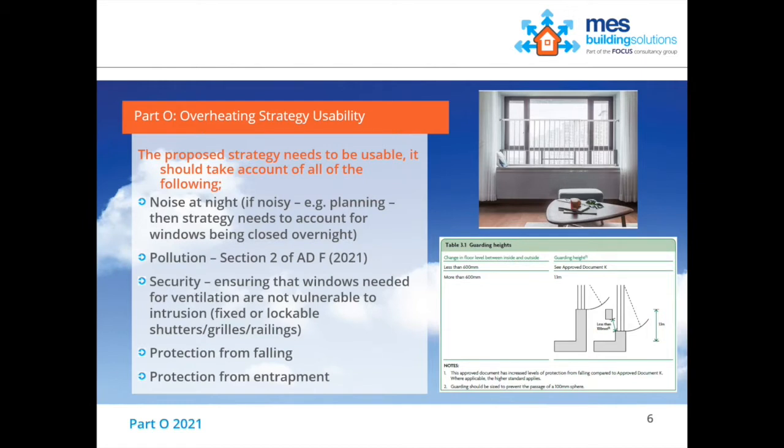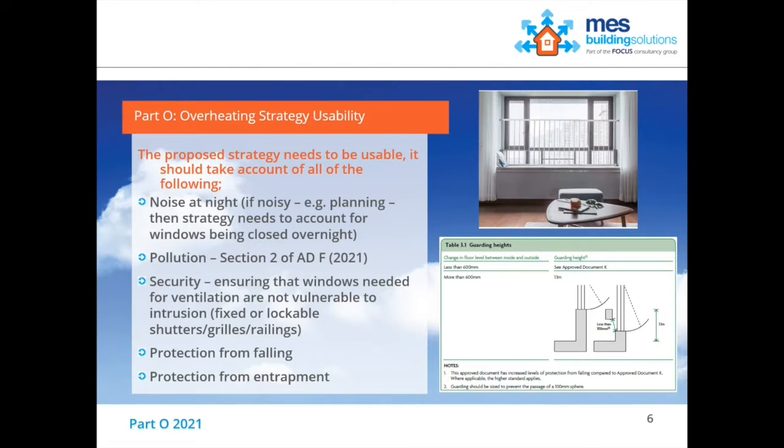So, if we're required effectively to have windows on certain elevations that are non-openable, then obviously our overheating strategy cannot assume that those windows will be opened to try and mitigate overheating. We have to make sure that it takes into account pollution.